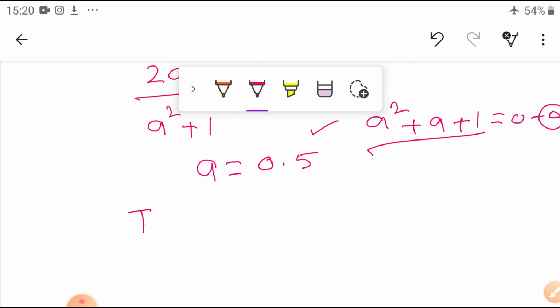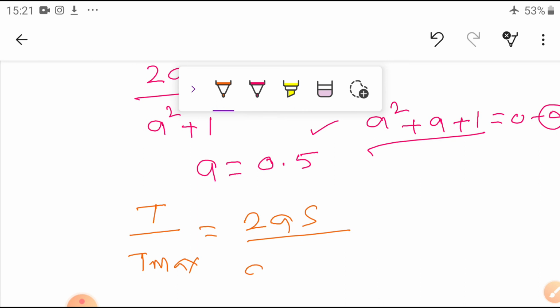Okay. So now we know, what is the formula? T full load, that is T torque, we can write it, we know that equation. Another equation I know, but we require the full load slip. So we can write T full load by T max, T max is equal to 2A s divided by A square plus s square.